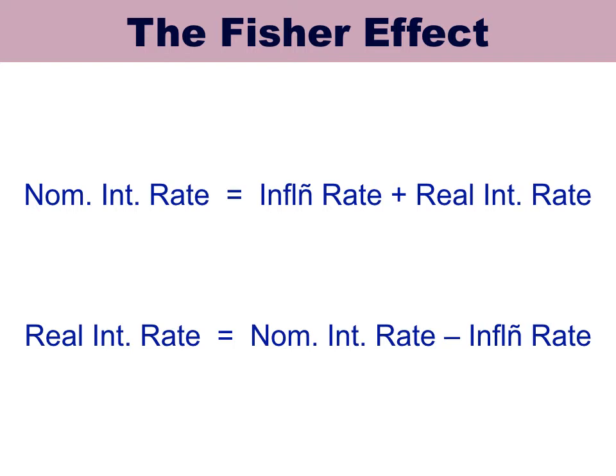If the nominal interest rate was 10%, and the inflation rate was 5%, then that means that the real interest rate for me at the end of the term was 5%, which is telling me that I can actually purchase 5% more goods. So my money grew faster than prices grew, and now I can buy more real goods. That is the real interest rate.